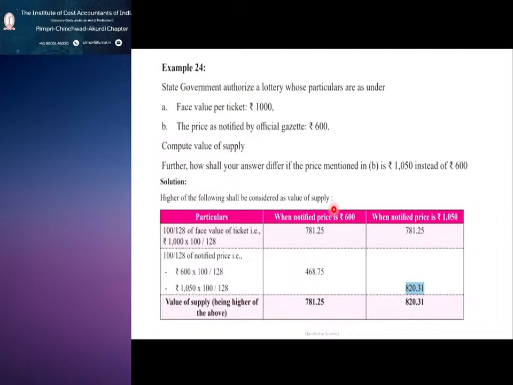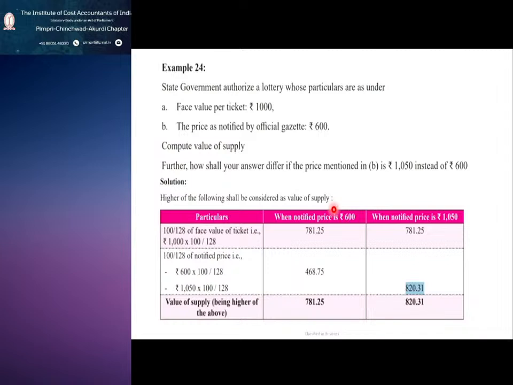The face value per ticket is 1000 and the price notified by the official gazette is 600. Compute the value of supply. How shall your answer differ if the price mentioned is 1050 instead of 600?